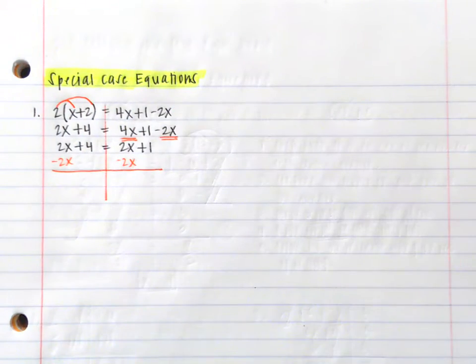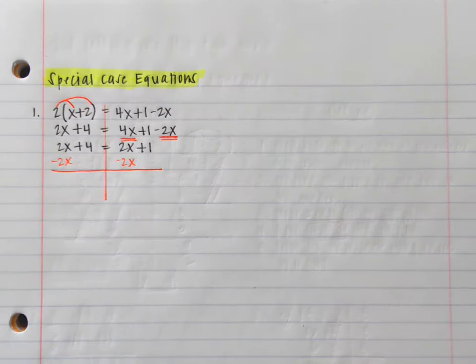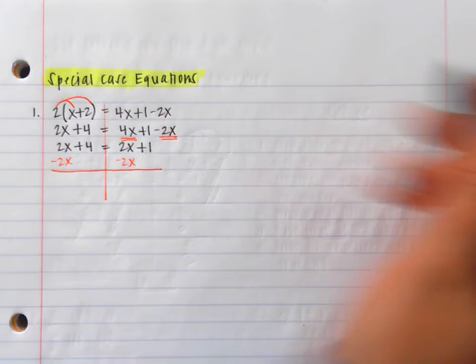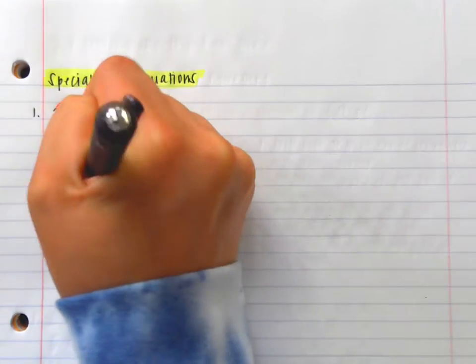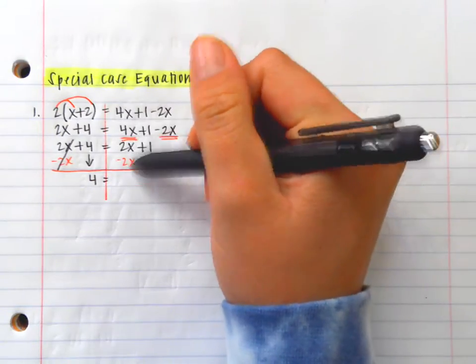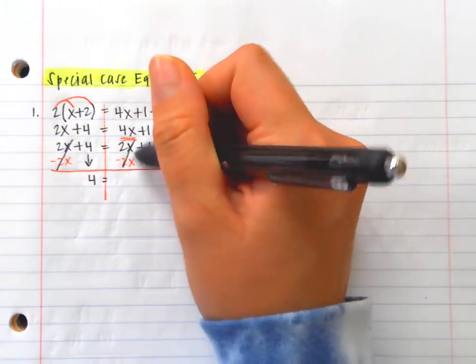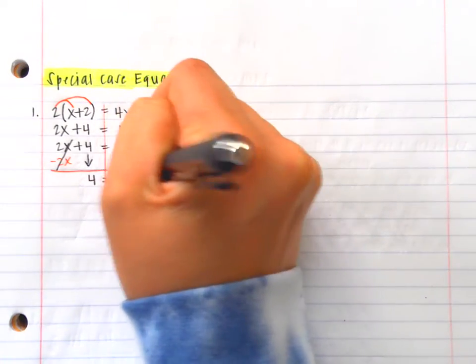Now, hopefully you're recognizing why this is kind of a weird one. 2x minus 2x, wait, that's 0. So that cancels, and then the 4 comes down. And over here, 2x minus 2x is 0. That's actually what we wanted. That was our plan. And so equals 1.